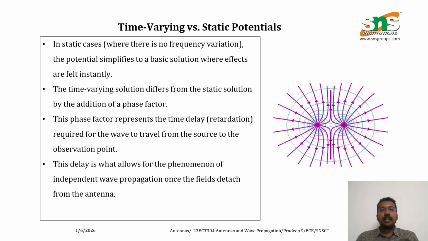This phase factor accounts for the finite time delay or retardation required for the wave to travel from the source to the observation point. It is this retardation that enables independent wave propagation, allowing the electromagnetic fields to detach from the antenna and propagate freely through space.